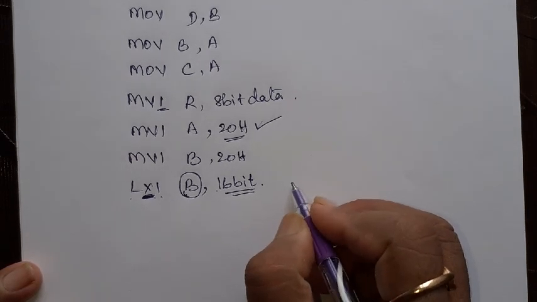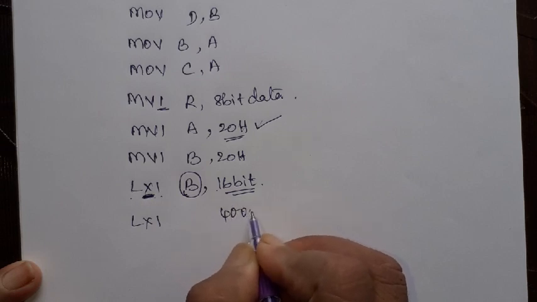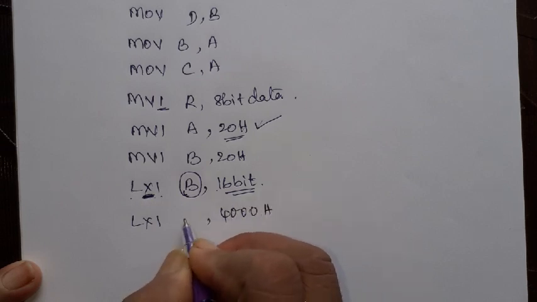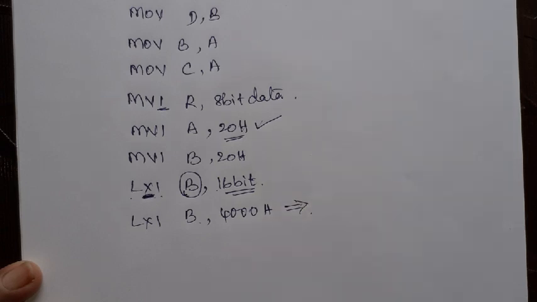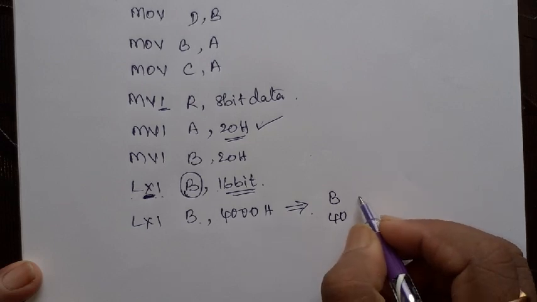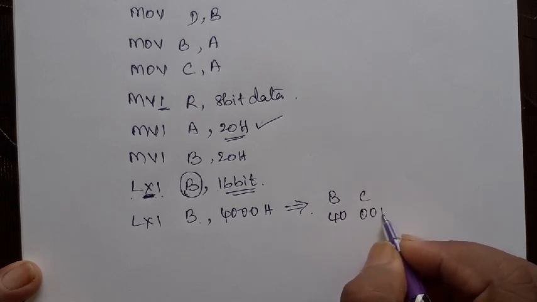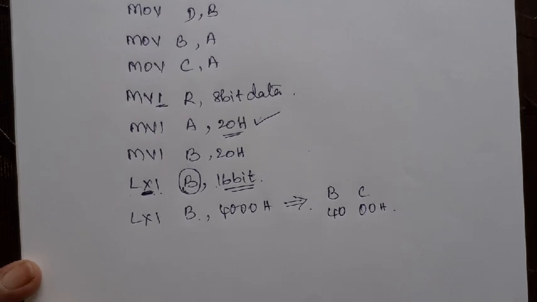So if suppose I say load immediate 4000H to B, after the execution of this instruction, in B register you'll have 40H and in C register you'll have 00H. So this is immediate addressing using the register pair and 16-bit data.